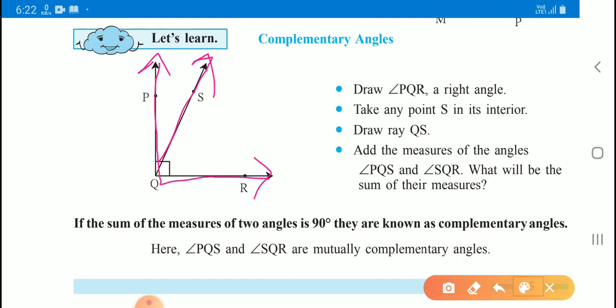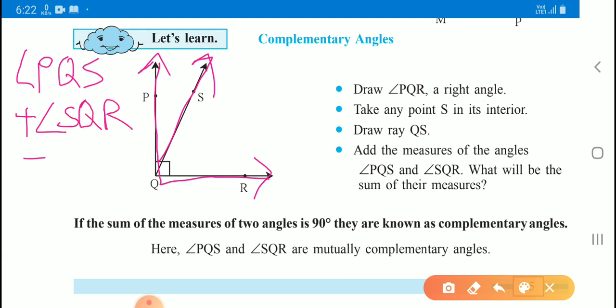If you add these two angles, angle PQS plus angle SQR, it is equal to 90 degrees. Now, if the sum of the measures of two angles, how many angles?